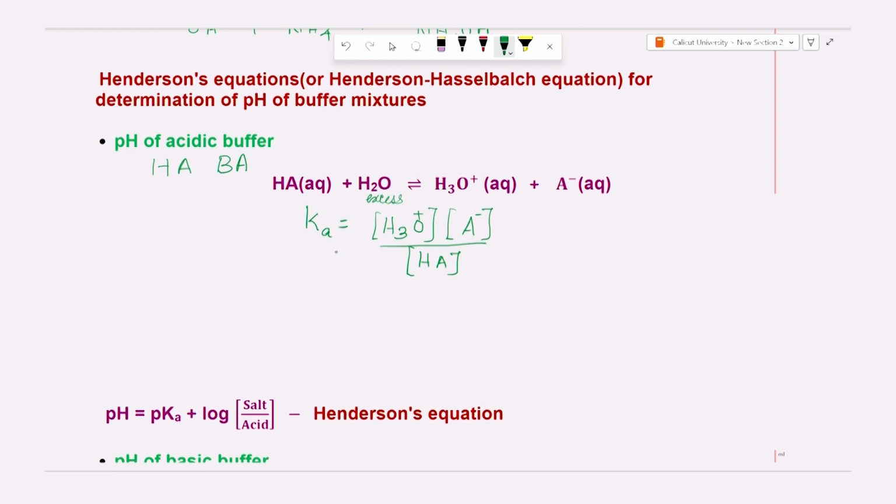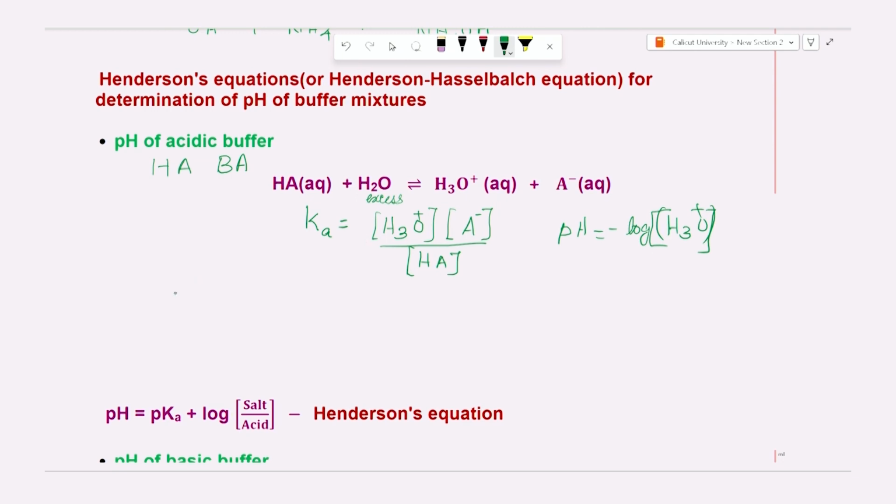Now, we are supposed to find out the pH, and what is pH? pH means it is the negative logarithm of H3O plus ion concentration. Now, here we have H3O plus ions.